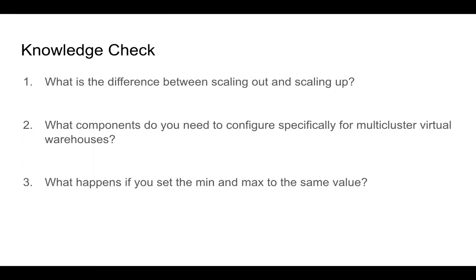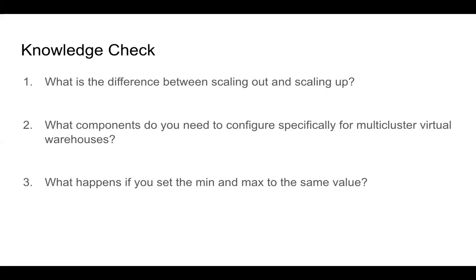Our second knowledge check, what components do you need to configure specifically for multi-cluster virtual warehouses? For multi-cluster virtual warehouses, you need to set the type or mode to be either maximized, so fixed number, or auto scale.